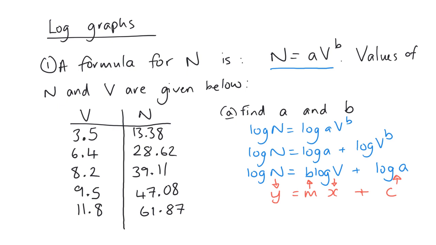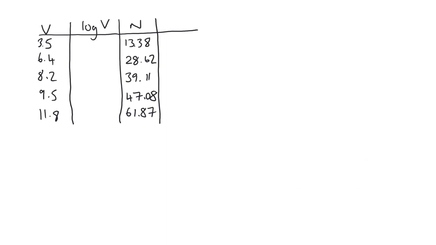So the first thing we're going to do is redraw this table and get values for log v and log n, and be very clear which ones are our x values and which ones are our y values. Our values for v and n were given to us, and we're going to find the values for log v and log n.